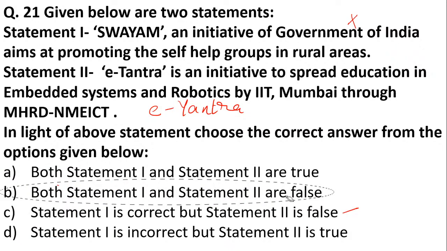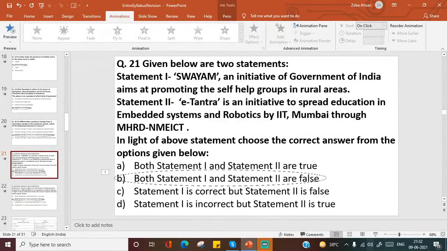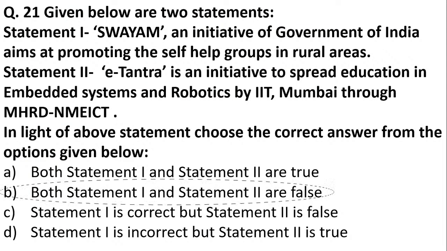So here in this question the right answer is option B. Both the statements are false because Swayam is a website and e-Yantra is the initiative. So both these statements are false. B is the right answer.